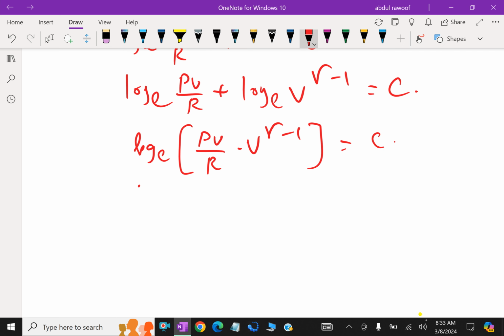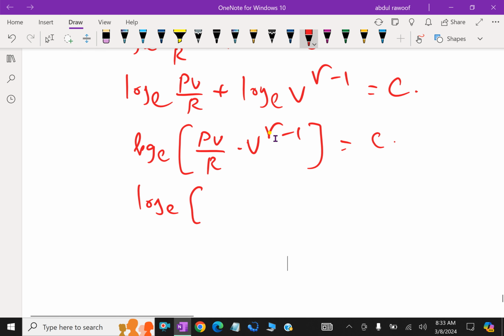Then log e, here V power gamma minus 1, both multiplied, the minus 1 will go, V power gamma. Therefore, P V power gamma over R is constant.